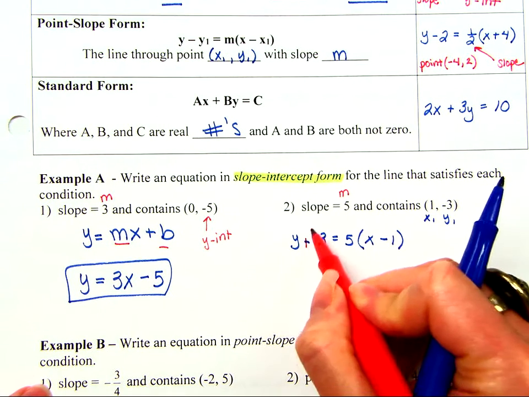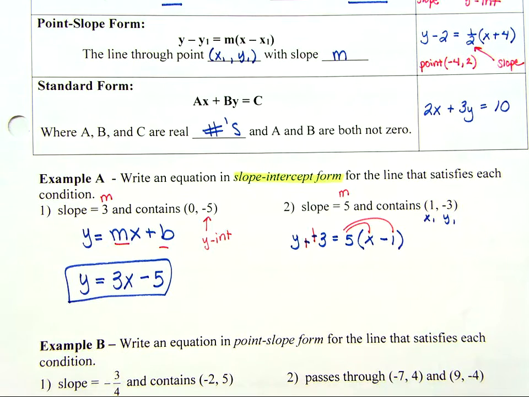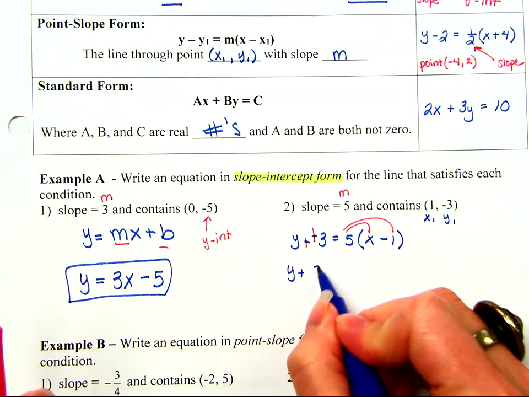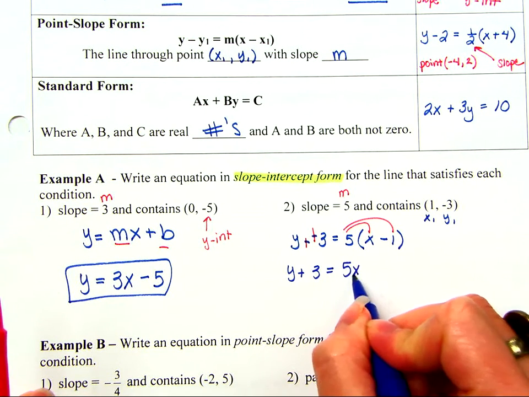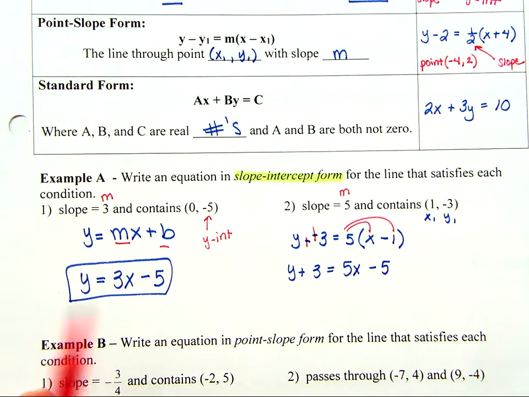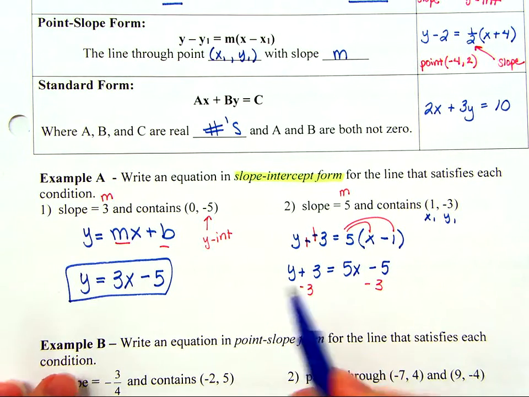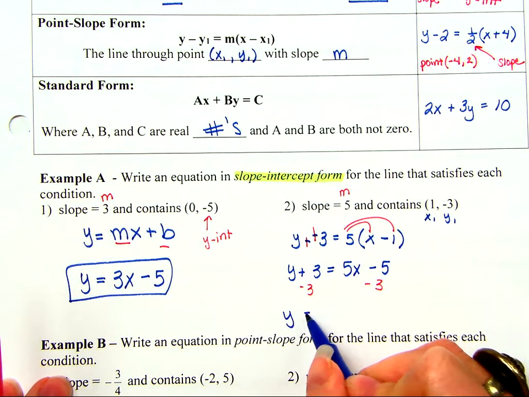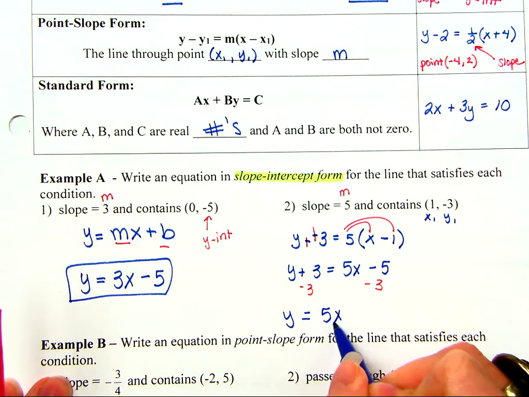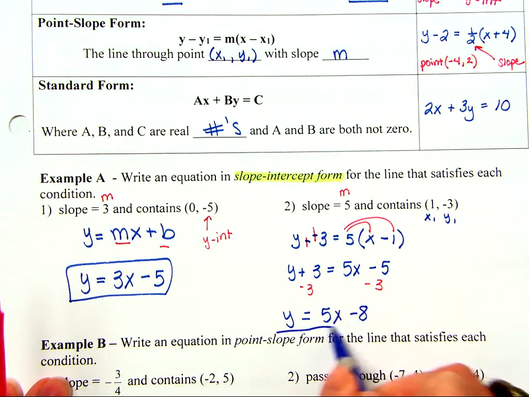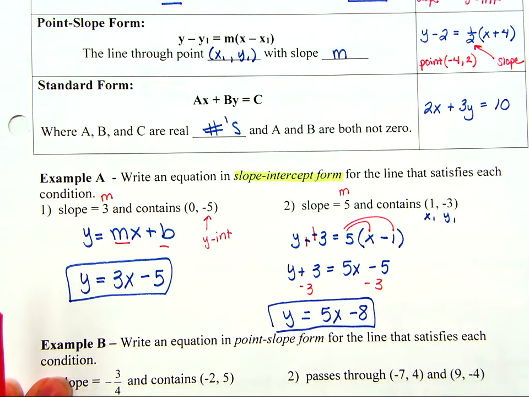I'm going to add the opposite, and I'm also going to do some distributing. I would find y plus 3 equal to 5x minus 5. And now to get y by itself, I'm simply going to subtract 3 from both sides, and we would be left with y equal to 5x minus 8. And now I have it in slope-intercept form, knowing my slope is 5 and it is crossing the y-axis at negative 8.